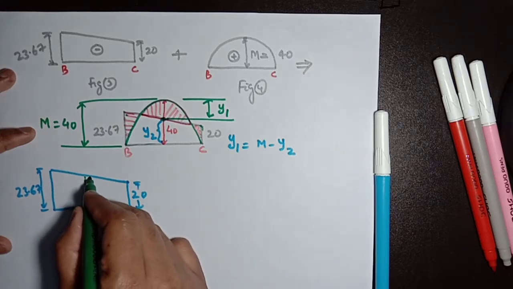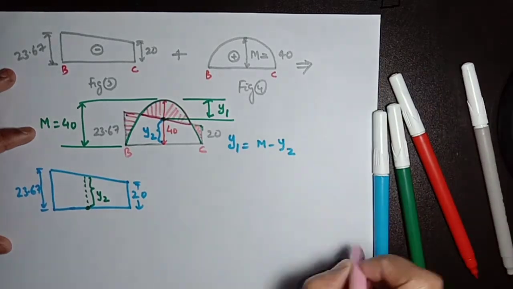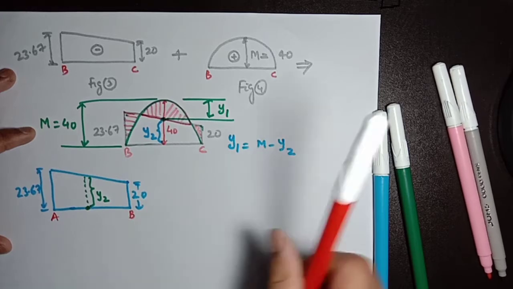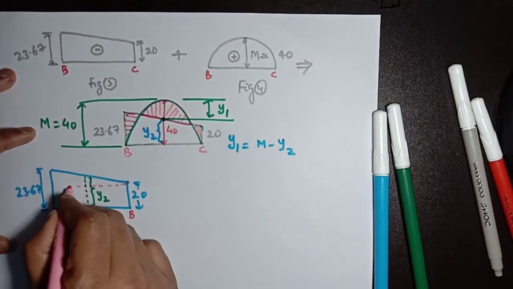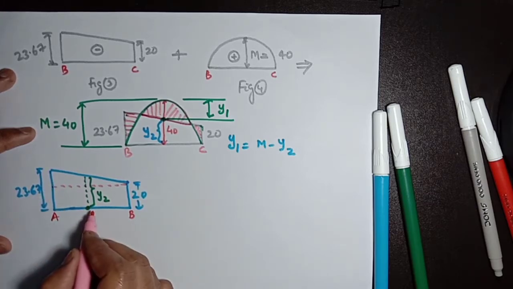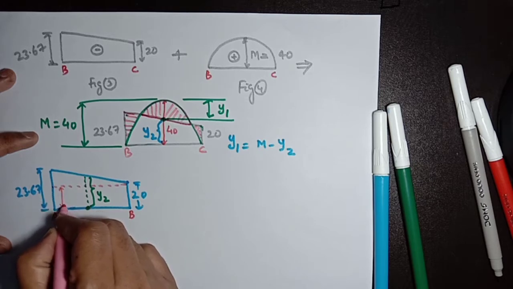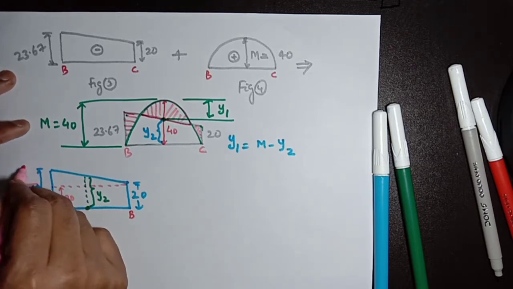This value is y2. If we draw a parallel line, suppose this is point A and this point is B, a line parallel to AB, and this value will also be 20, so we can calculate this value here.